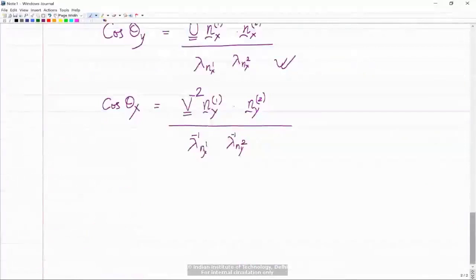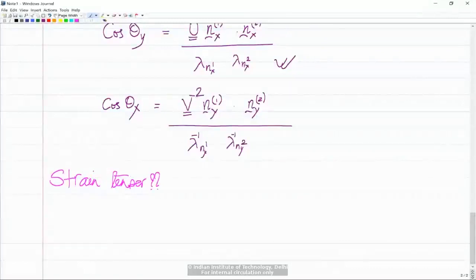All right, so having seen this, we are just talking of stretch tensor. What do we define strain to be? What would be the strain tensor? U and V have stretch in them, and of course shear strain is there too. How to extract strain from those U and V?